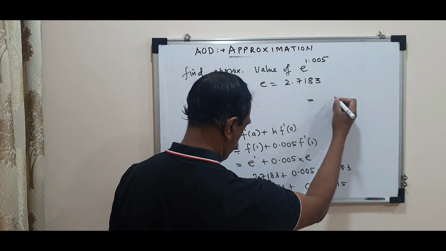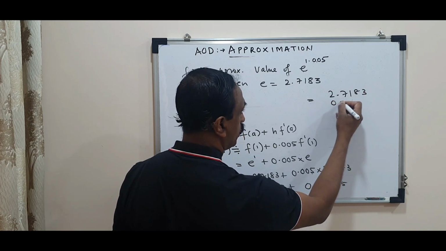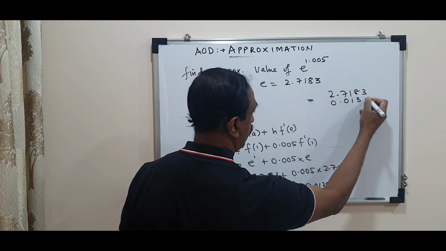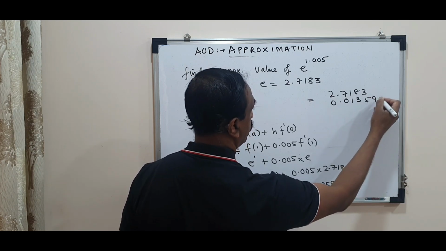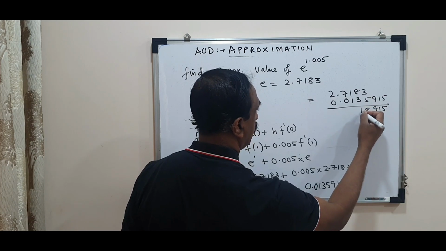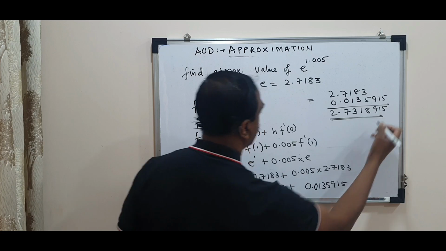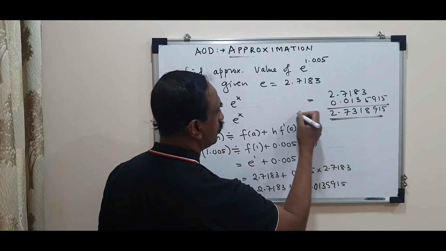That will give me 2.7183, 0.0135915. So 519811.37. So my final answer is, so e raised to 1.005 is approximately equal to 2.7318.